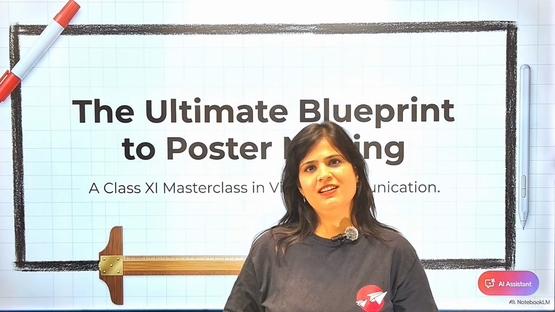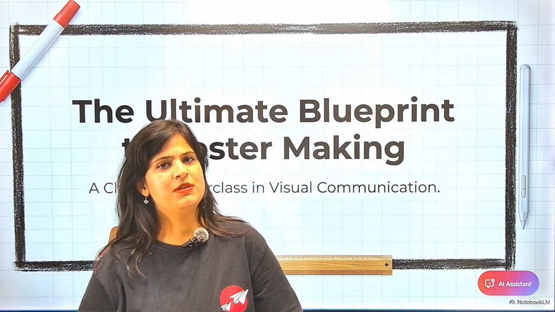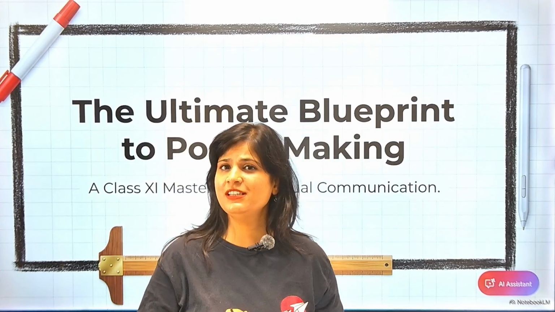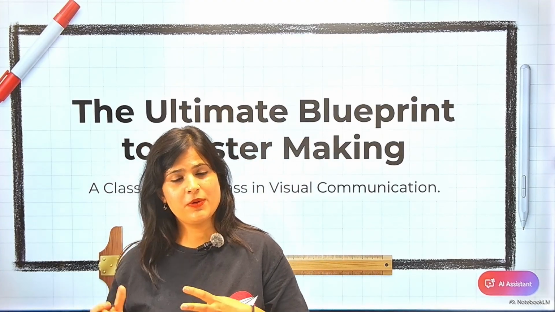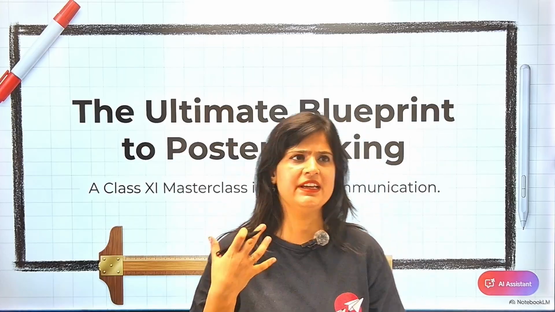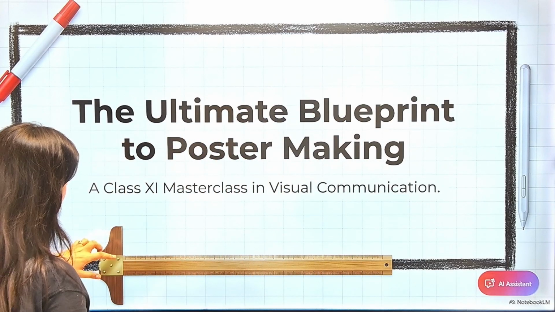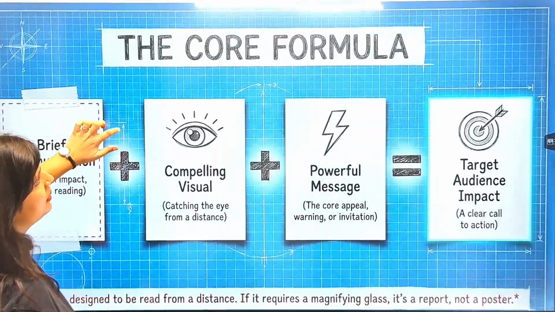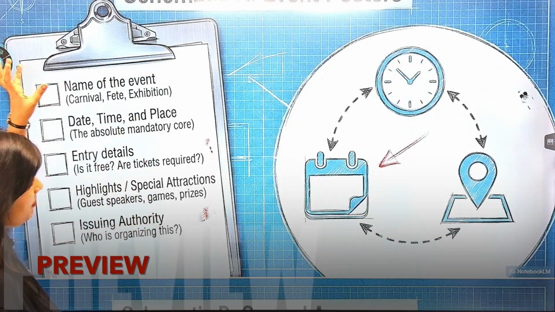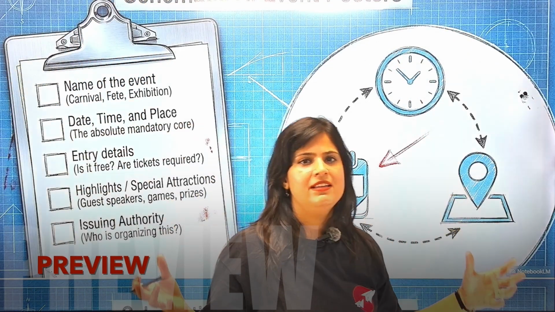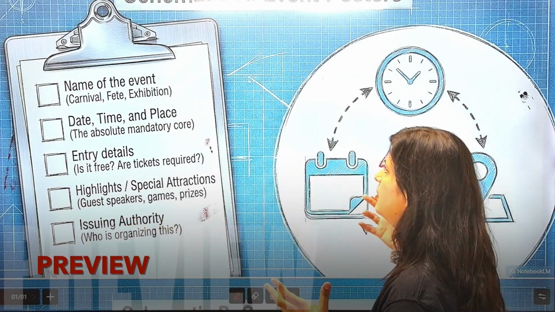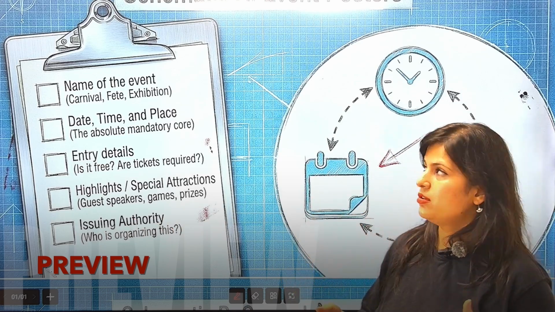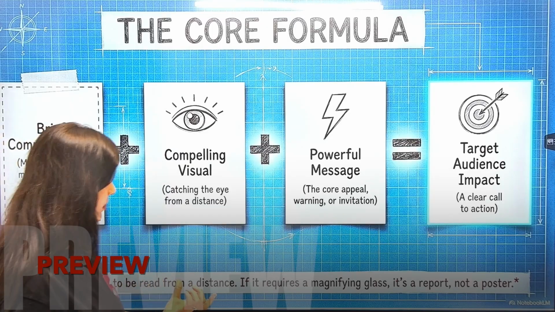As I said earlier, this video is going to be the ultimate blueprint to poster making. After this session, you will not require any other material or guidance for poster making. Let us dive into the session right away. अब ये मैं आपको एक sort of guideline दे रही हूँ, a guideline that can be helpful in the examination hall. A poster is designed to be read from a distance.